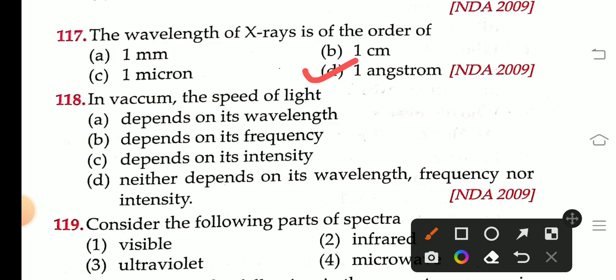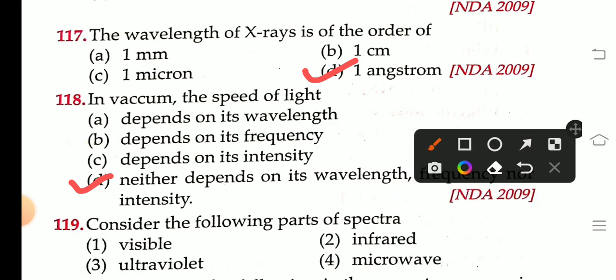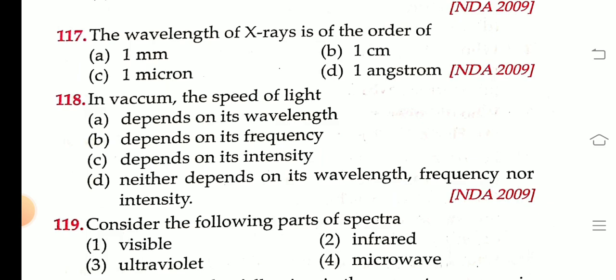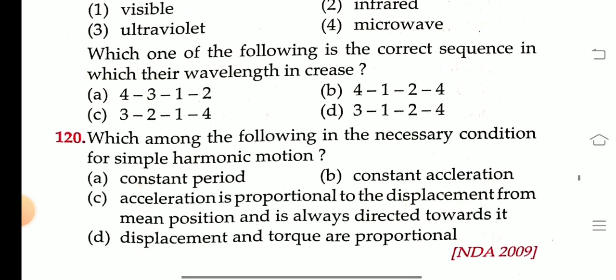Next, in vacuum, the speed of light. Right option D, neither depends on its wavelength, frequency, nor intensity. Next, consider the following parts of spectra. Microwave.